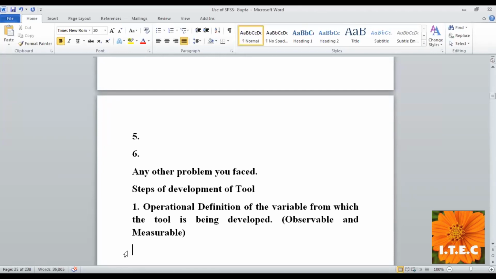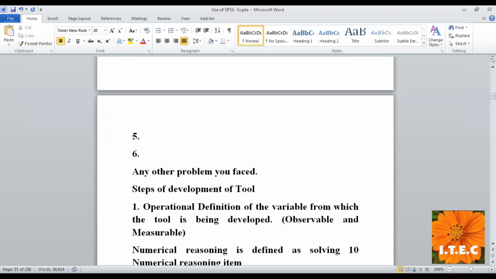So you can say numerical reasoning is defined as solving 10 numerical reasoning questions or items in 20 minutes.